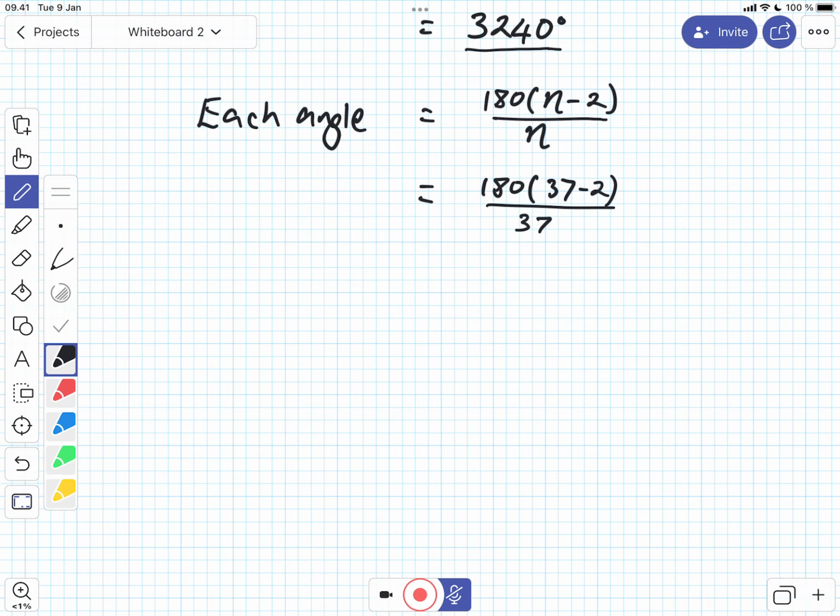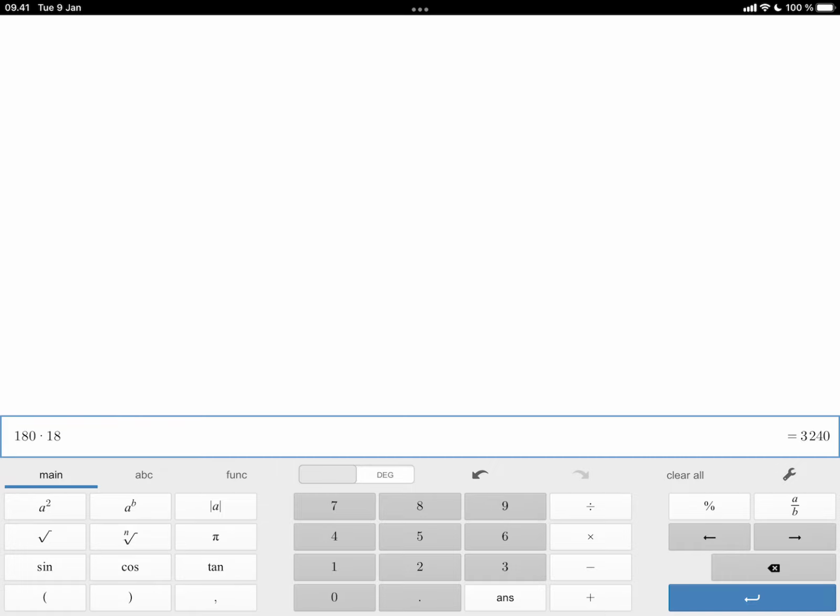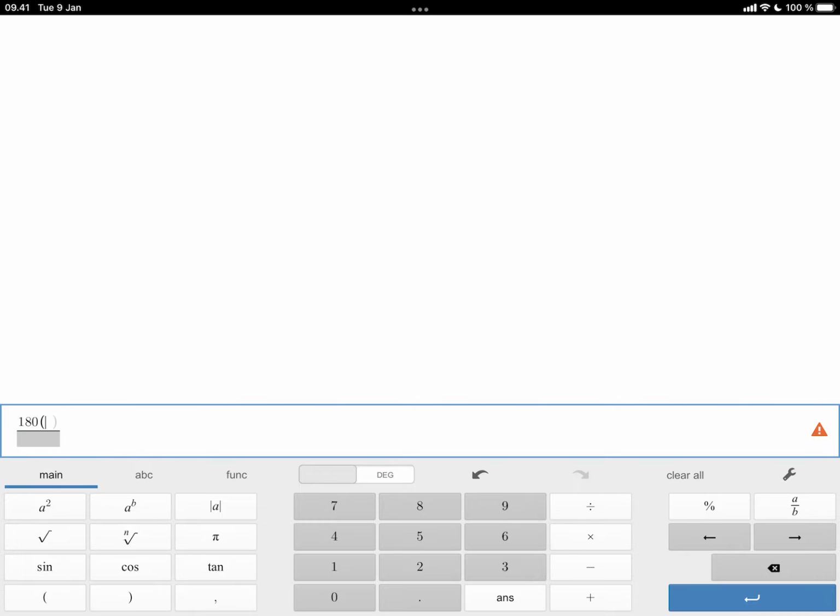Okay, so back onto Desmos. I can just do the whole thing in one go on Desmos without having to do as many steps. So I can make a fraction that says 180 times brackets 37 minus 2, and then divide by 37 on the bottom, and that gives me 170.27.